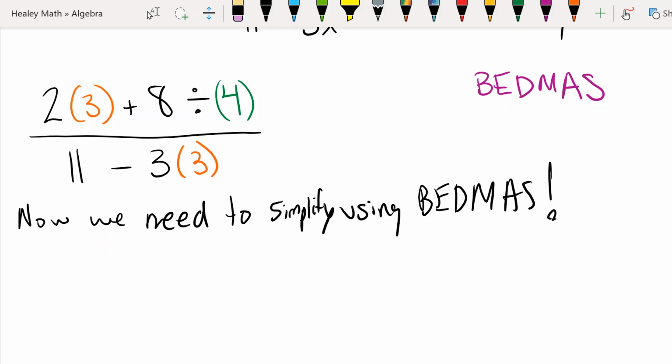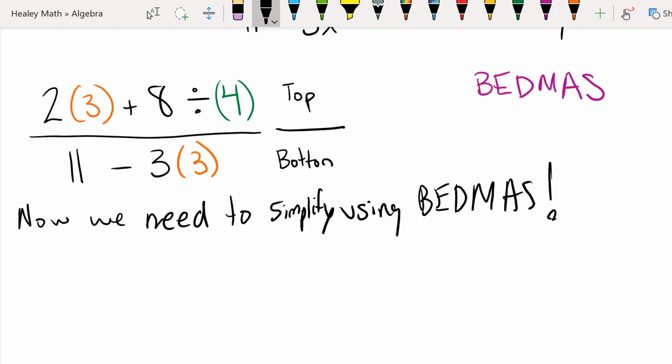Some of you might be thinking we have a division here, but ultimately we have a larger problem where we divide the top and the bottom. It's important that we focus on simplifying the top, then the bottom, and then we can divide.